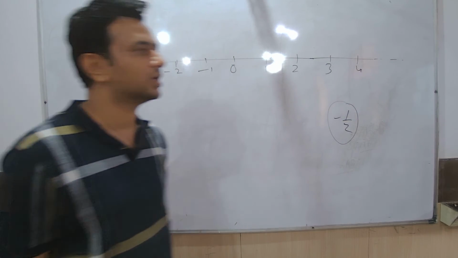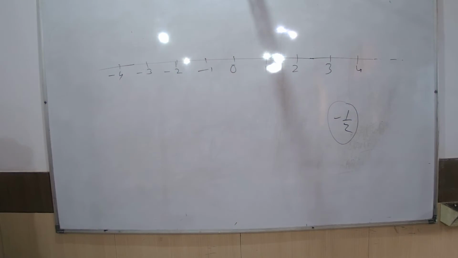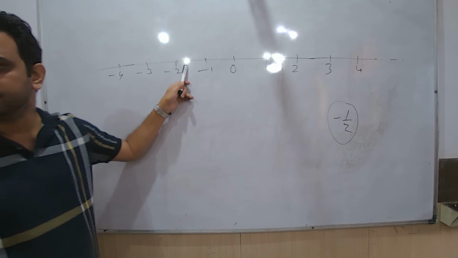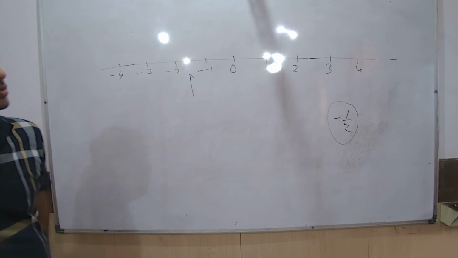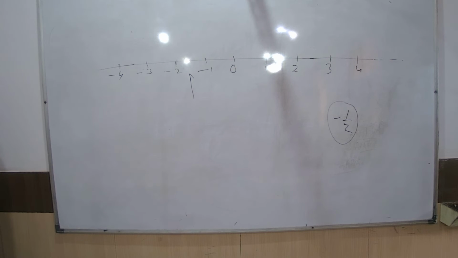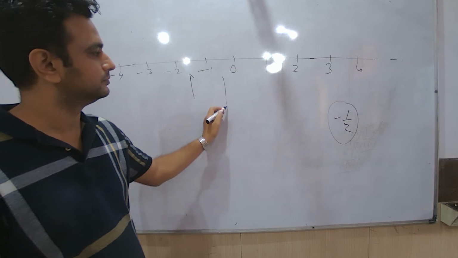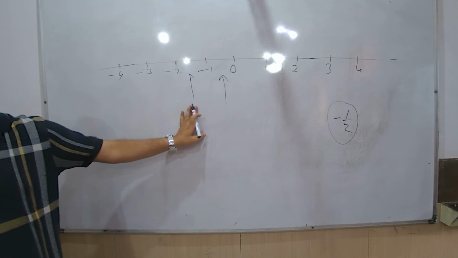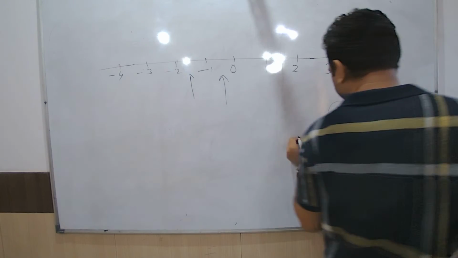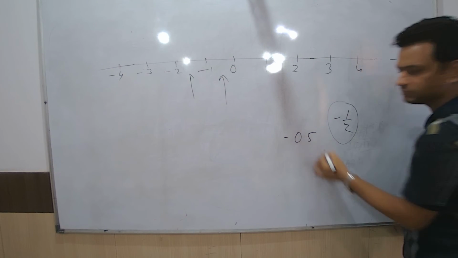Minus half on the number line. Between minus 2 and minus 1? और कोई कुछ बोल रहा है? Between minus 1 and 0. Yeah. So actually, can I write it as minus of 0.5?